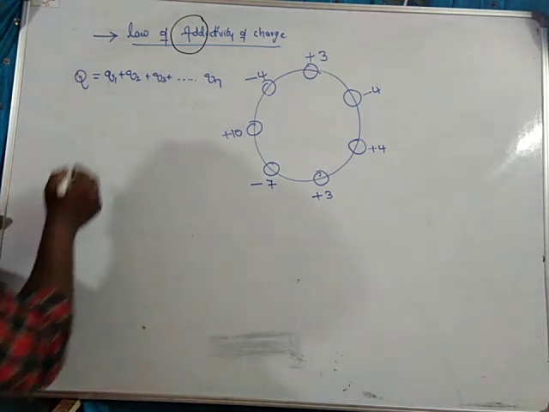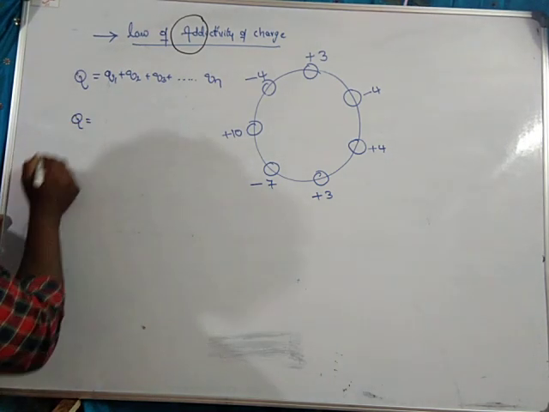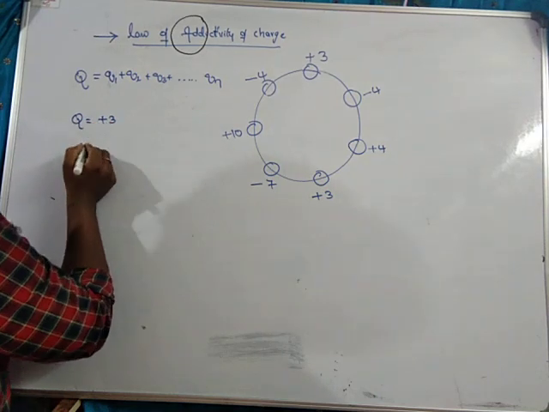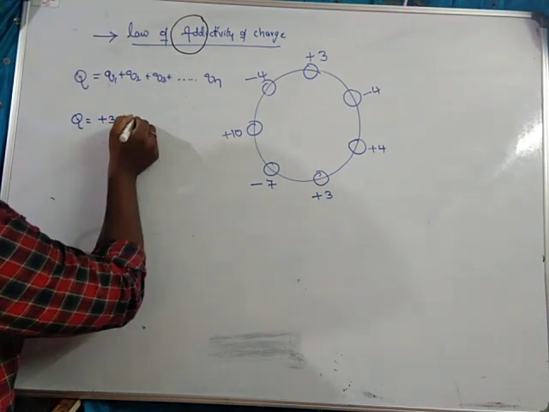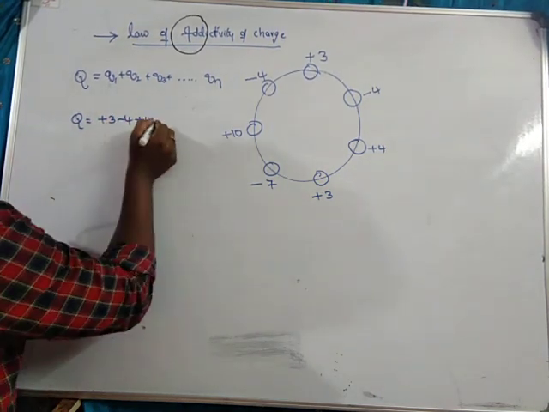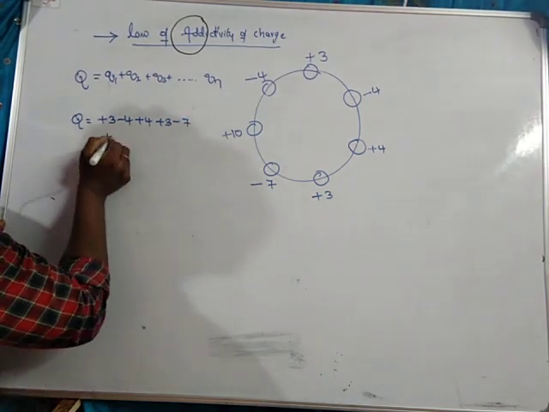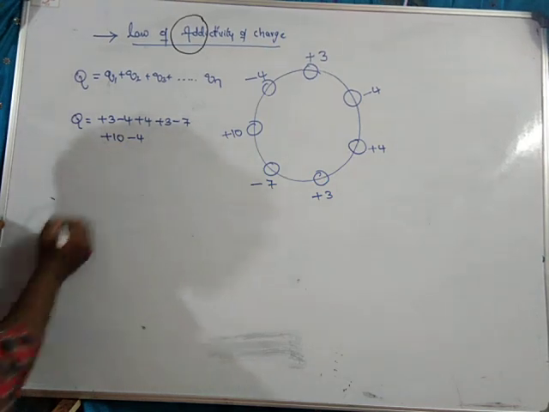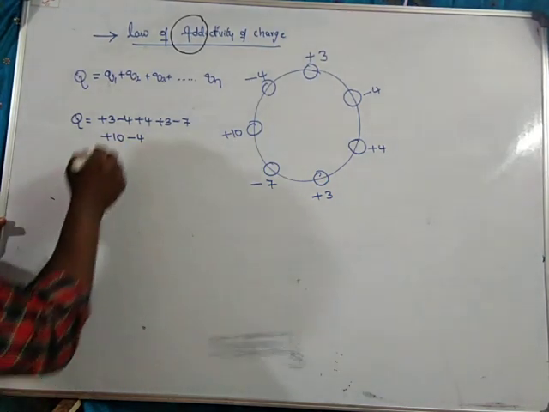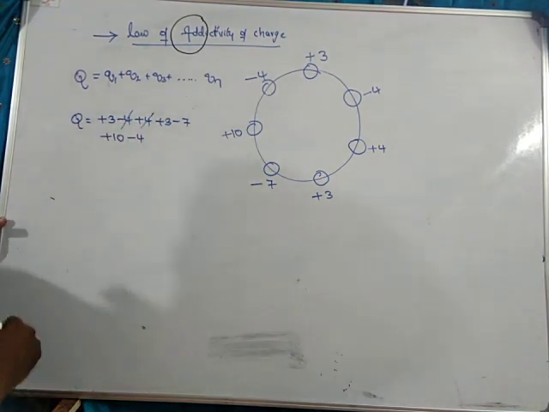So for this example, what will be the net charge? Plus 3, minus 4, plus 4, plus 3, minus 7, plus 10 and minus 4. Plus and minus will be cancelled.